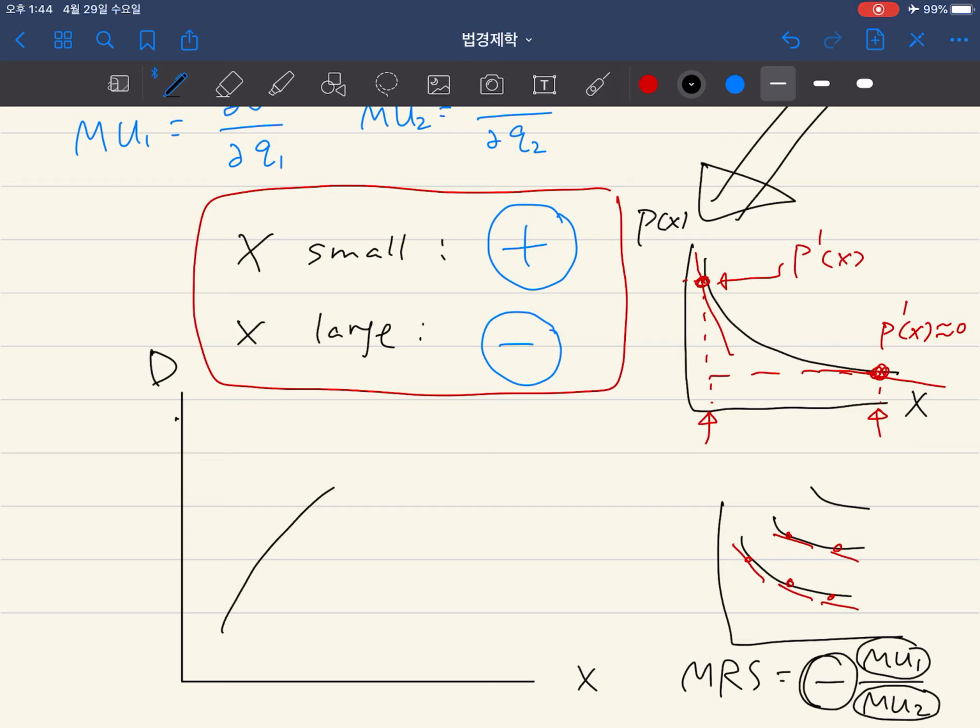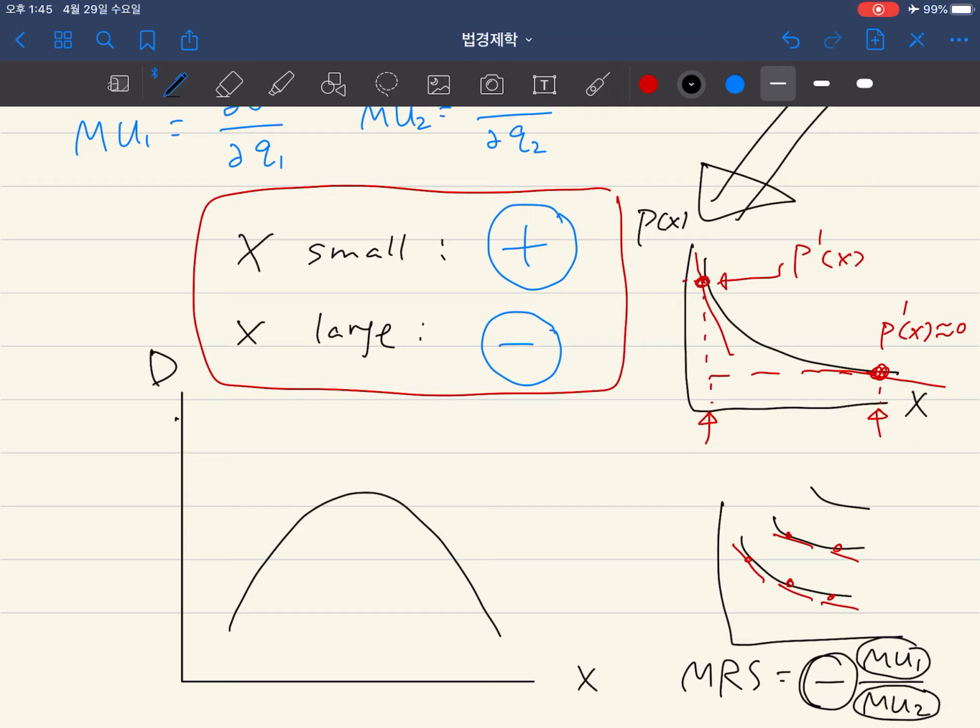When x is large, it is minus, so it's going to be something like this. So if we want to complete this graph, it's going to be something like this. This is the graph we want to draw here.